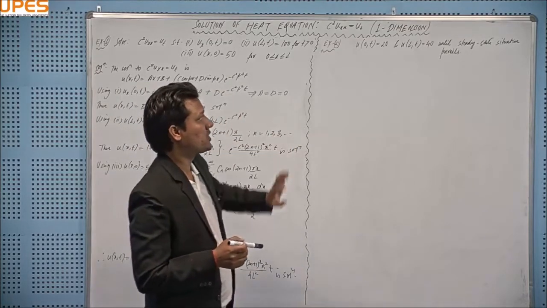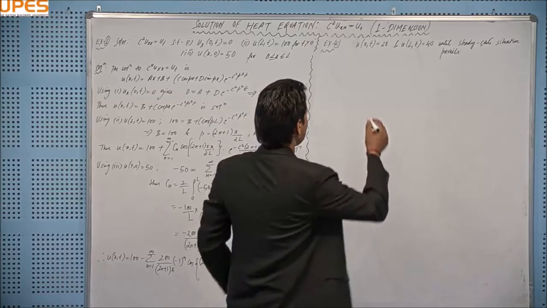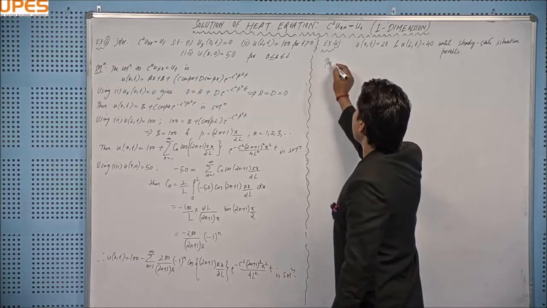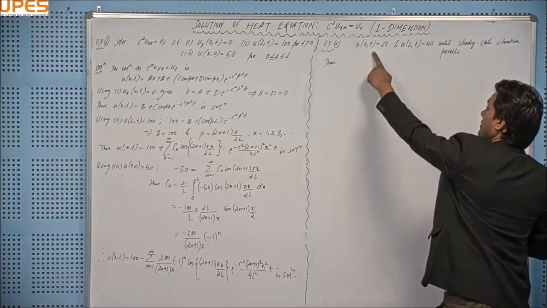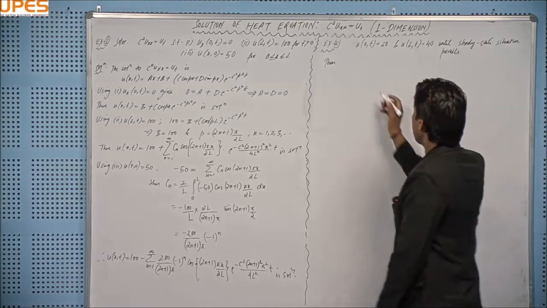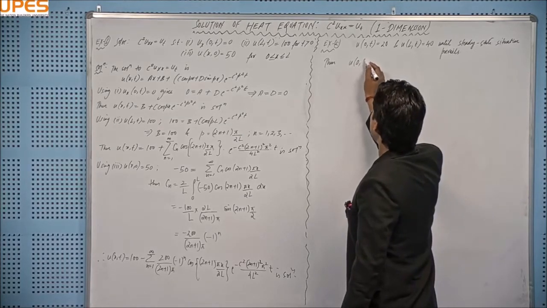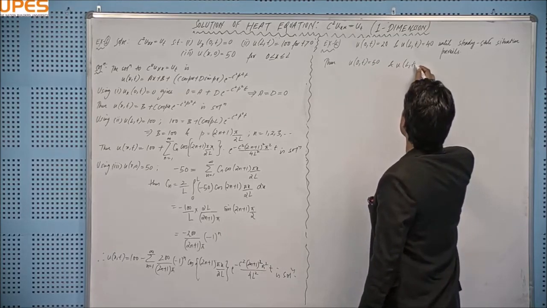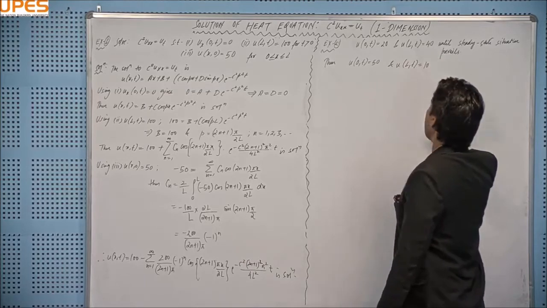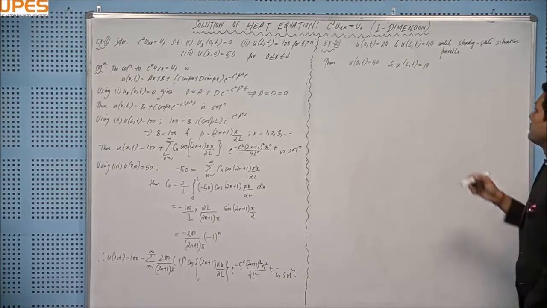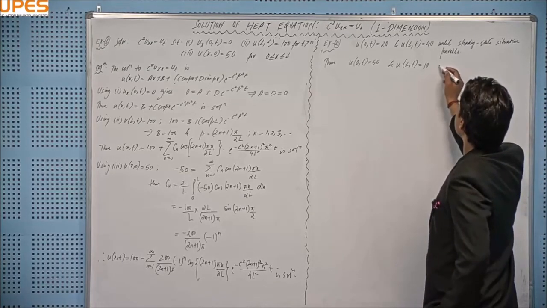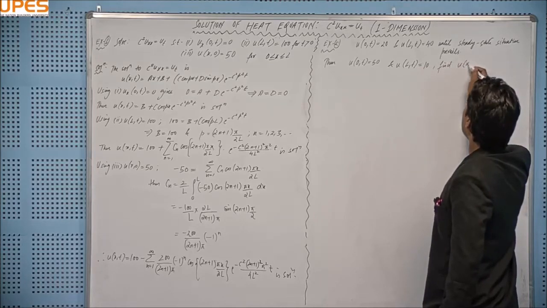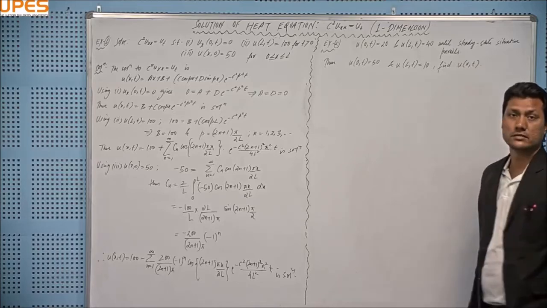So the left end temperature is raised by 30 degrees Celsius, becoming 50, and the right end temperature is lowered by 30 degrees Celsius, becoming 10. Then find u(x,t).